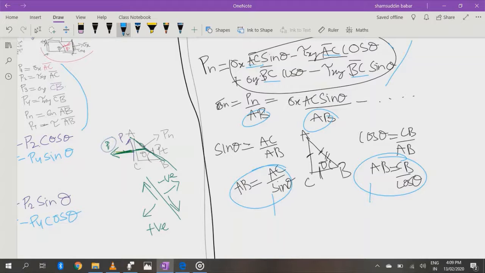To cancel this AC, I will put AB equal to this. To cancel this BC, I will put AB equal to this. After dividing by AB, I got my formula.